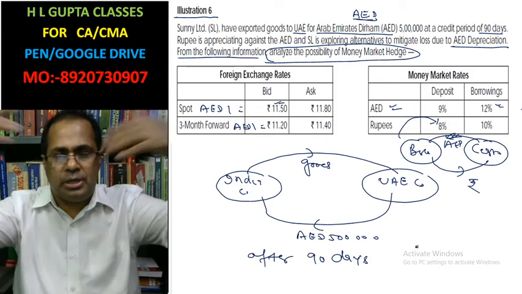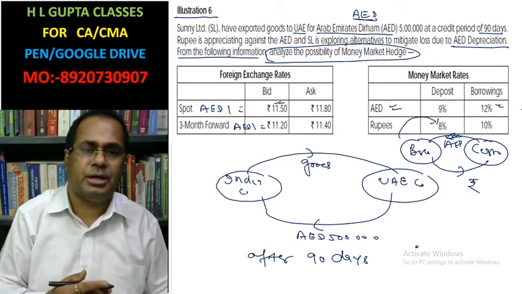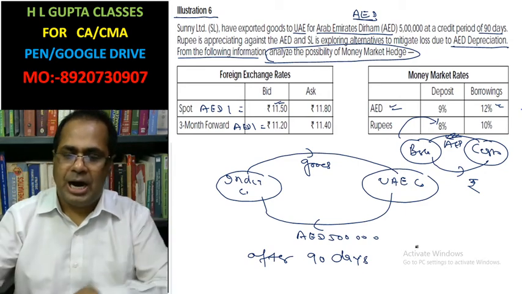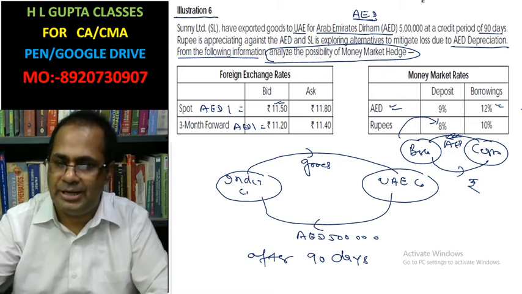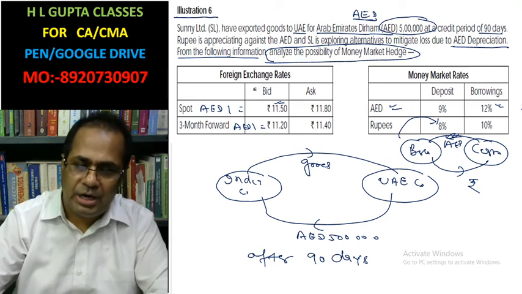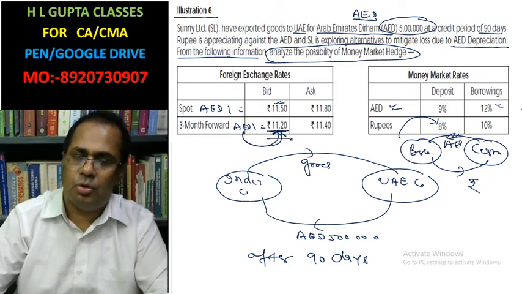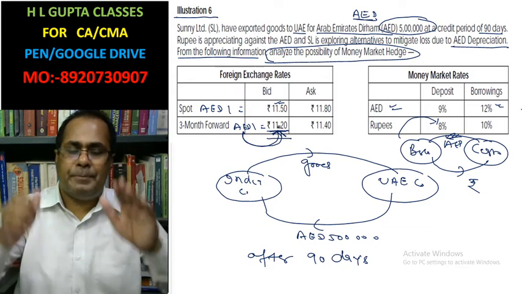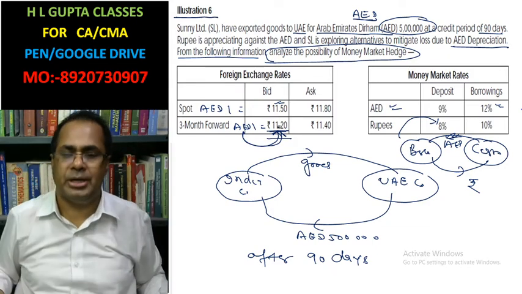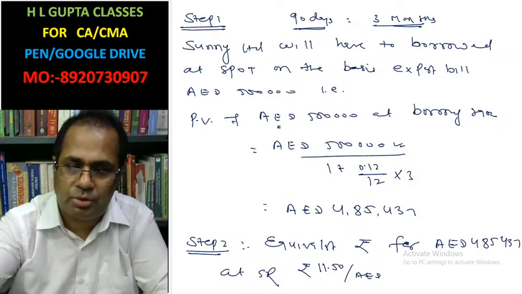If you do not enter into the money market operation and enter into the 3-month forward rate, in that case after 3 months you will receive AED 5 lakh, and you will convert AED 5 lakh at the 3-month forward rate, rupees 11.20. If the company has entered into the 3-month forward rate, then how much rupees will the company receive? That you need to calculate.